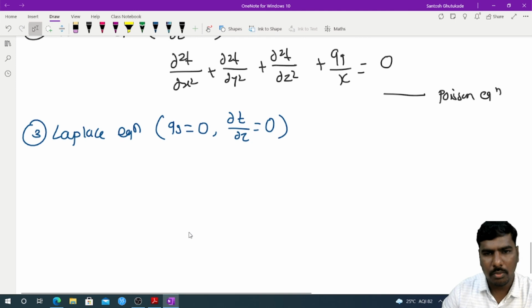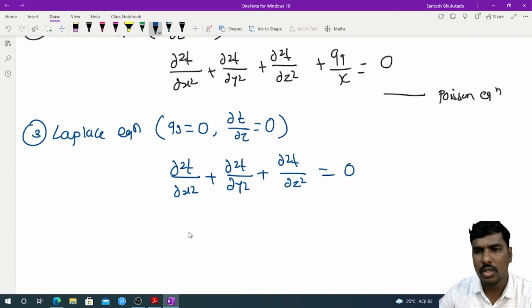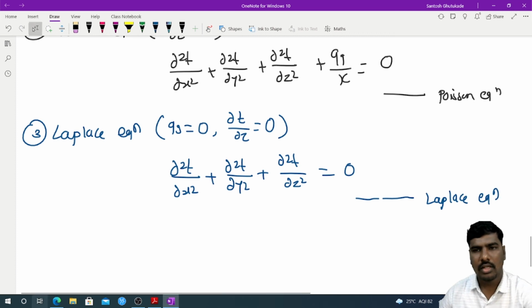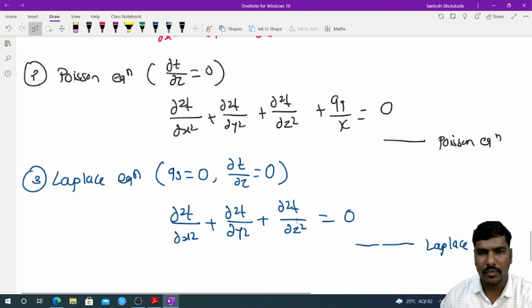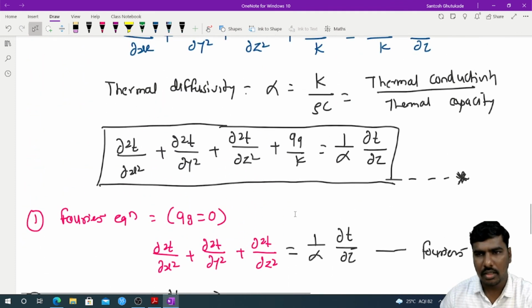So the equation becomes ∂²T/∂x² plus ∂²T/∂y² plus ∂²T/∂z² is equal to 0, because we are assuming qg is 0 as well as ∂T/∂tau, that means steady state condition. So this is Laplace equation. This is the generalized heat conduction equation in Cartesian coordinates and its simplified forms: Fourier's, Poisson's and Laplace equation.